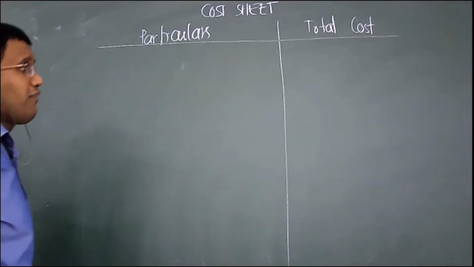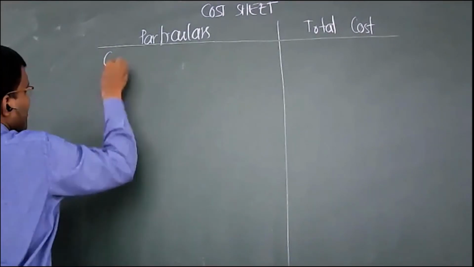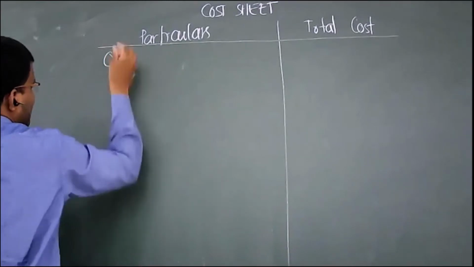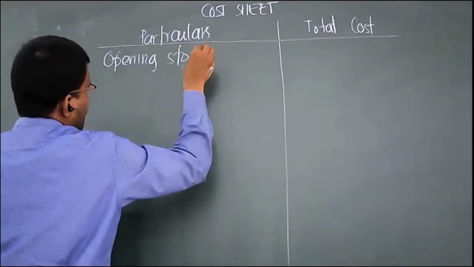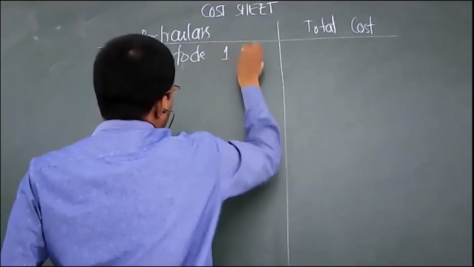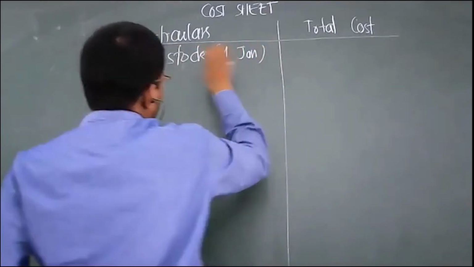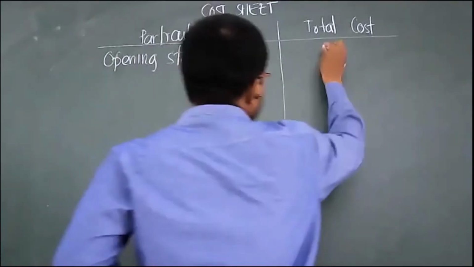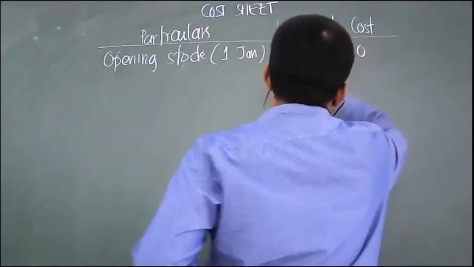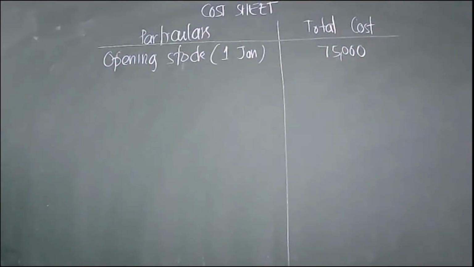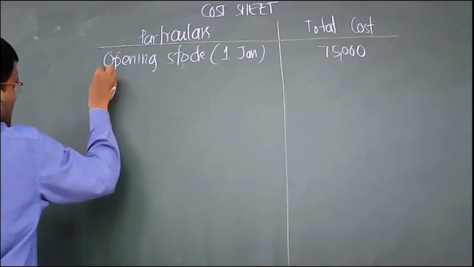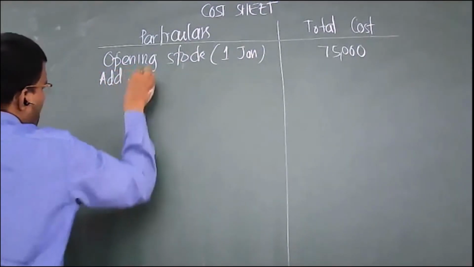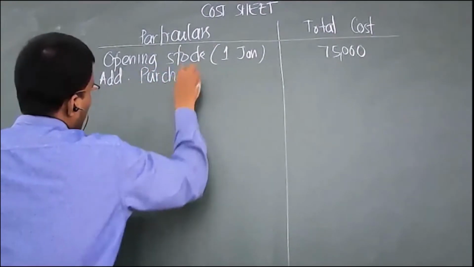Now here, for raw material, we have been given the inventory levels. On 1st Jan, the inventory level given to us is 75,000. To this, we have to add purchases.